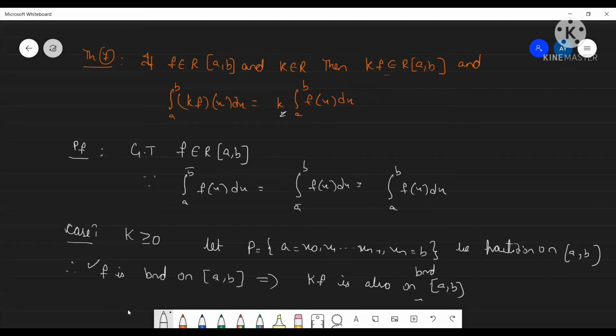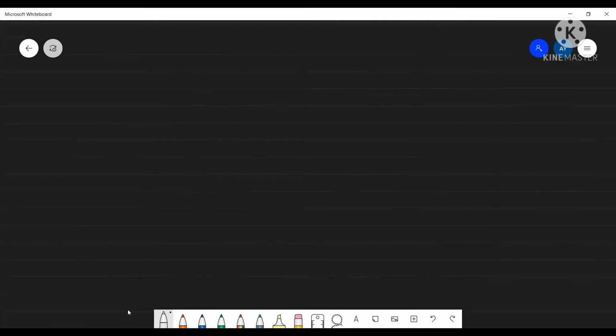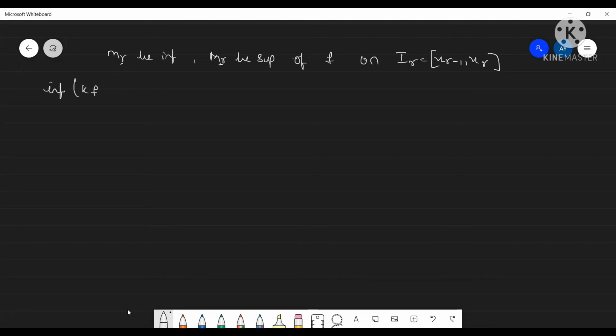Now we have to talk about supremums and infimums. Let small m_r be the infimum and capital M_r be the supremum of f on the rth subinterval, that is I_r = [x_(r-1), x_r]. Now the infimum of k f equals k times the infimum of f.